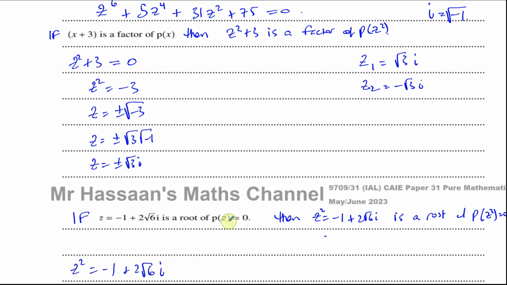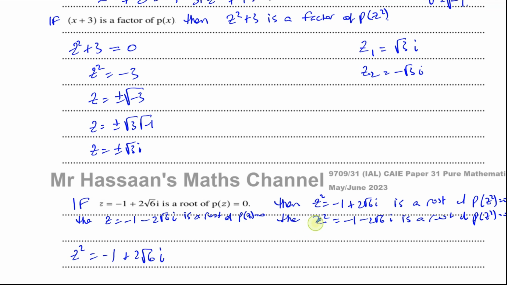If this is true, then we can also say z equals minus 1 minus 2 root 6i is a root of p(z) equals 0, because the roots come in conjugate pairs. So if this is a root, then this is a root, and this will mean then z squared equals minus 1 minus 2 root 6i is also a root of p(z squared) equals 0.